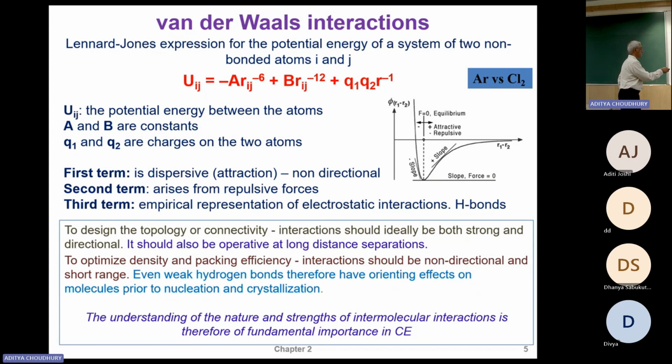The electrostatic is nothing but hydrogen bonds, Q1, Q2 being the charges on the two atoms, and then the distance dependence is r to the power of -1. So this will tell you how strong and how weak these two different types of interactions are. In the case of van der Waals interactions, on this side it falls very quickly because of r to the power of -6.